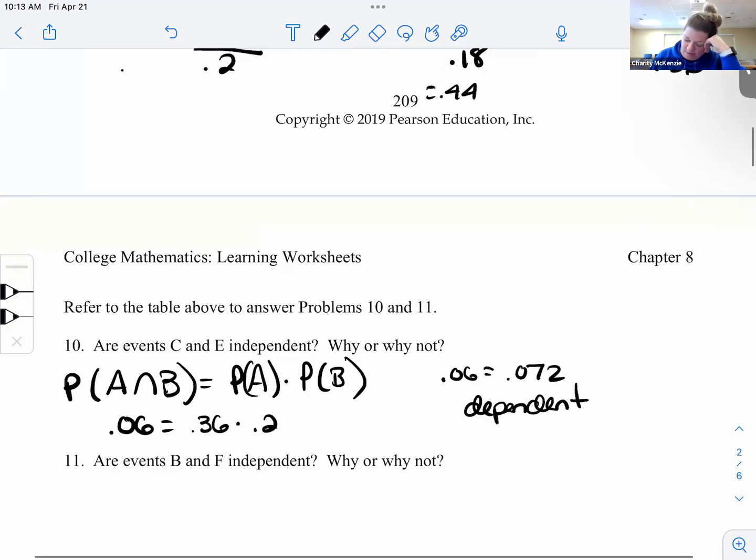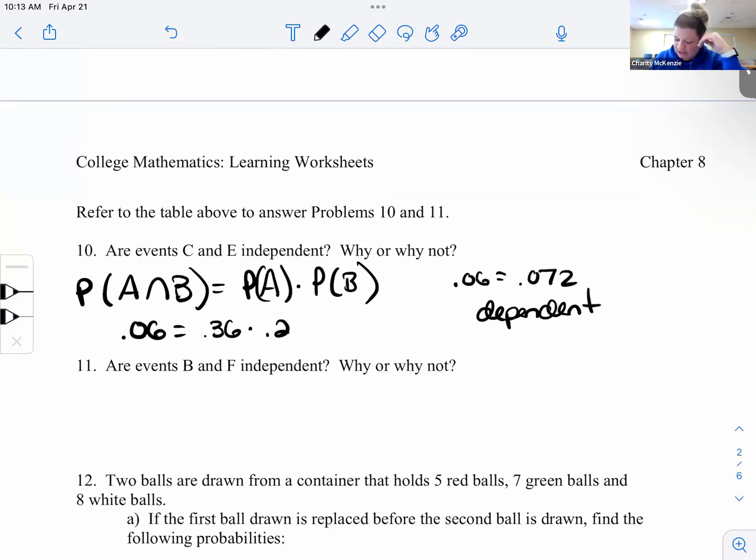Okay, B and F, let's check those. B and F intersect at 0.1. So we'll have 0.1 compared to the probability of B, 0.18, times the probability of F, 0.8. So 0.18 times 0.8 does not equal 0.1, it's 0.144. So this one is also dependent.